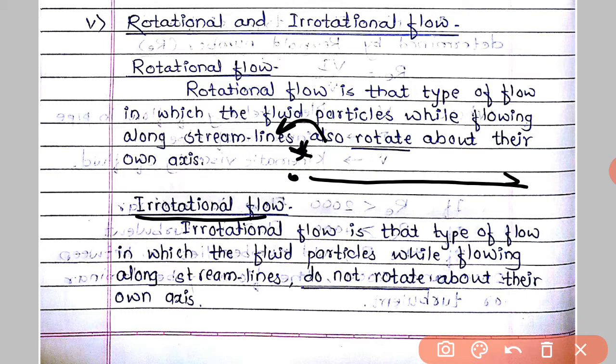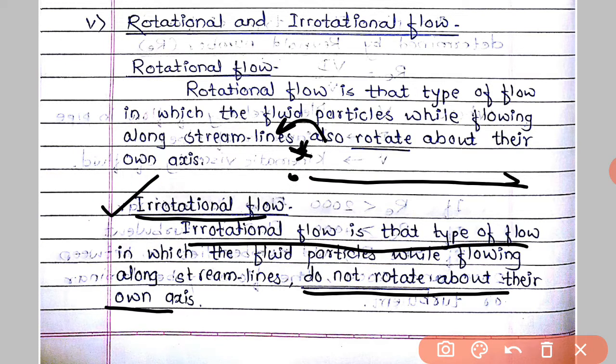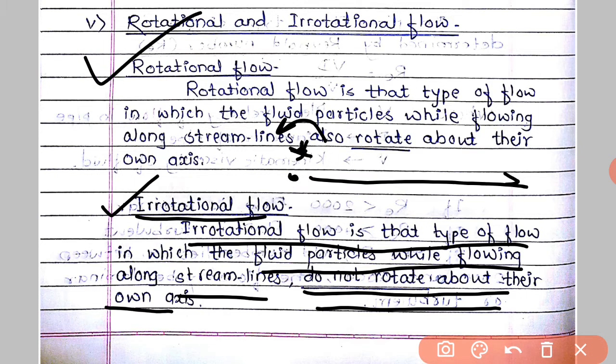So the particle does not rotate about its own axis, and that is called irrotational flow. That is, irrotational flow is that type of flow in which fluid particles flowing along a streamline do not rotate about their own axis. So this is all about rotational flow and irrotational flow.